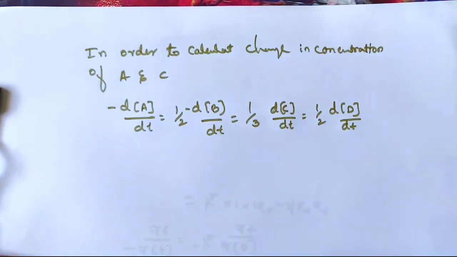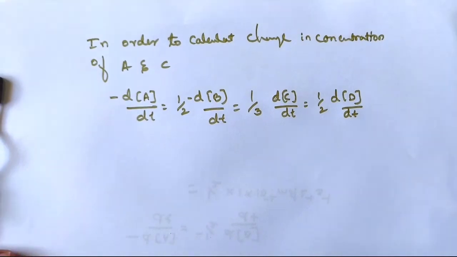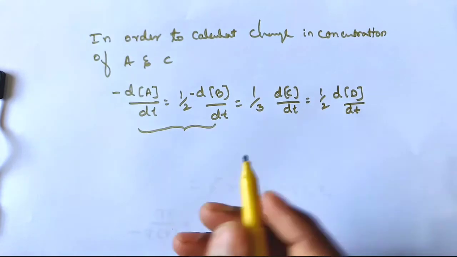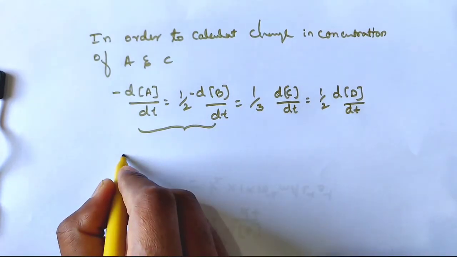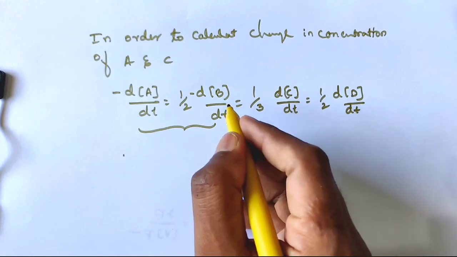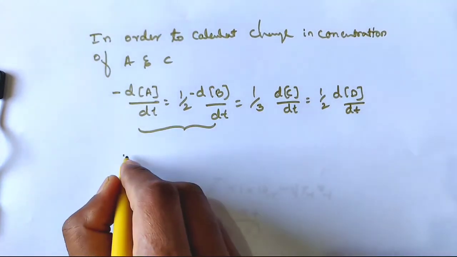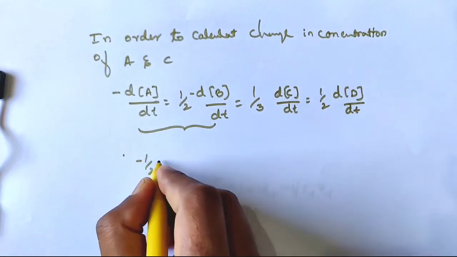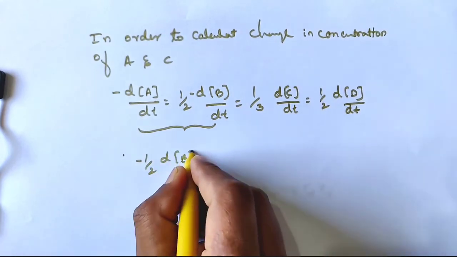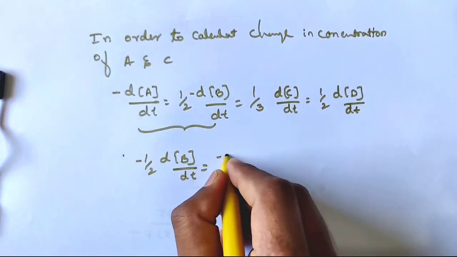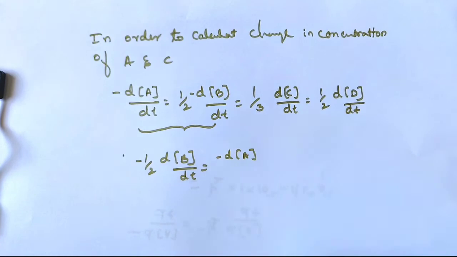By using this equation, we can find out the change in concentration of A and C. So for the first one, we will be taking this relation. Okay, so we know the rate of disappearance of B, so I will be writing that. Rate of disappearance of B, that is minus half into d[B] upon dt, that is equal to d[A] upon dt.